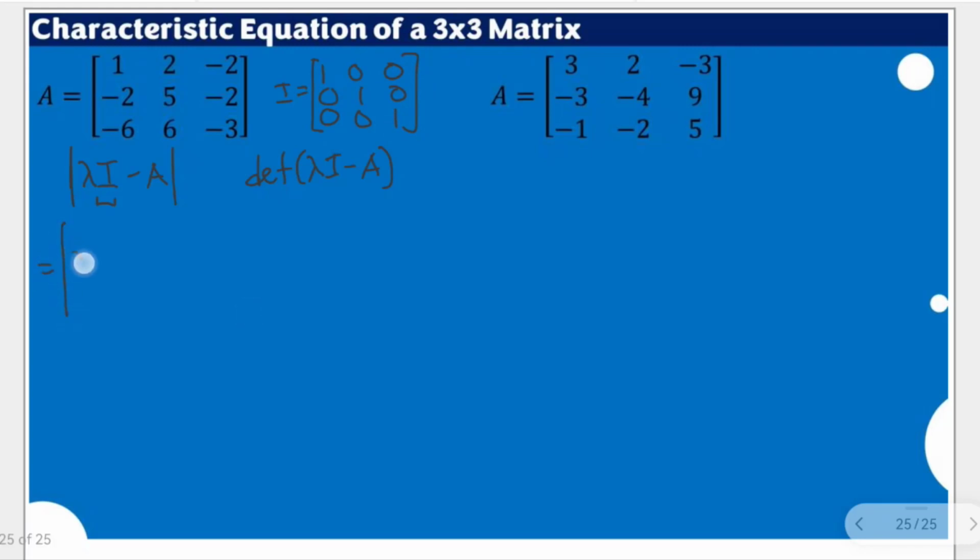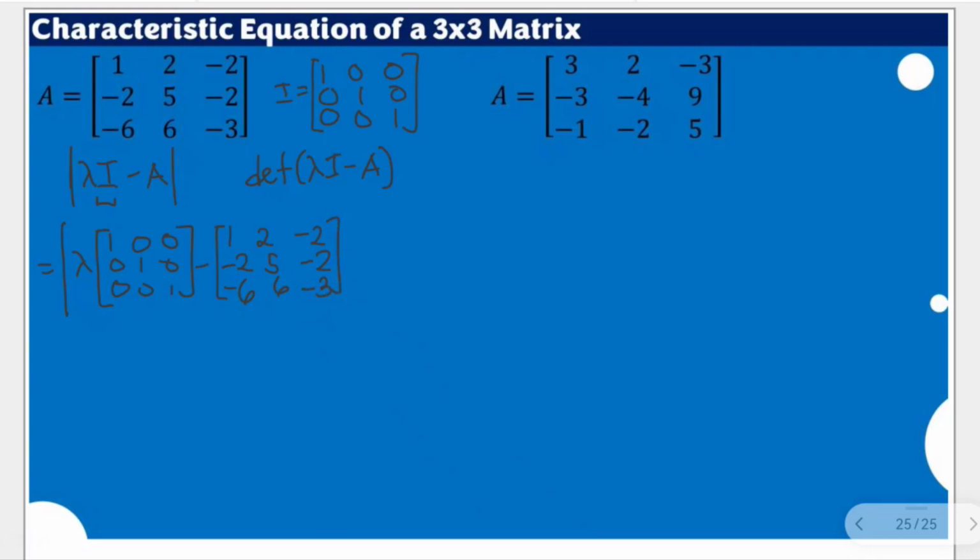Again, we have here lambda times your identity matrix 1, 0, 0, 0, 1, 0, 0, 0, 1 minus the first matrix A. You have 1, 2, negative 2, negative 2, 5, negative 2, negative 6, positive 6, and negative 3.